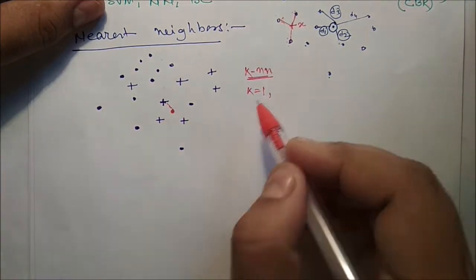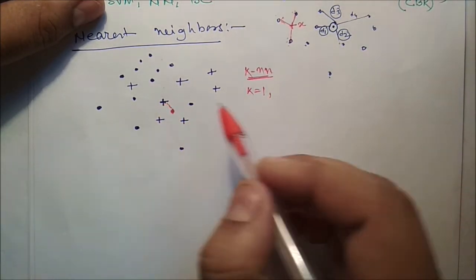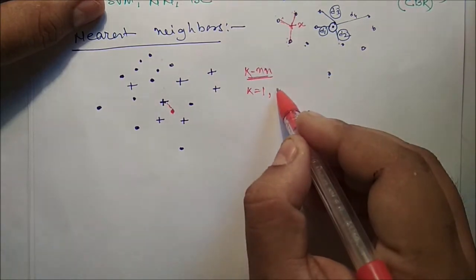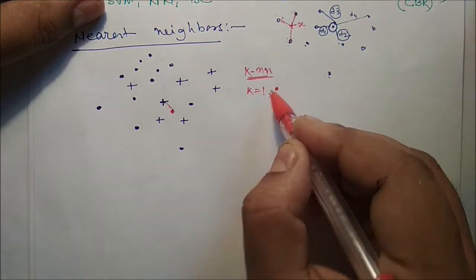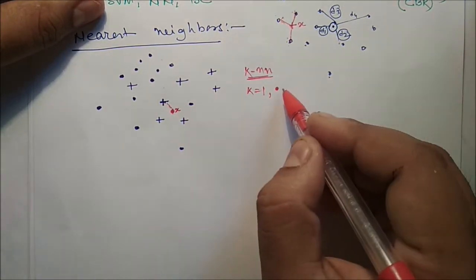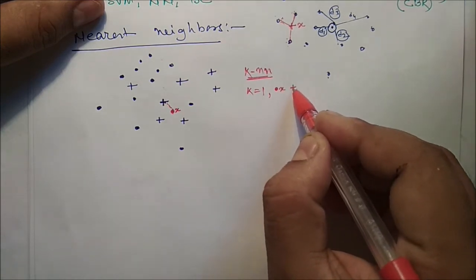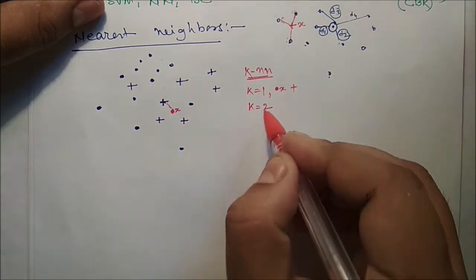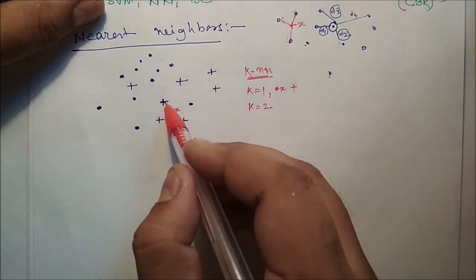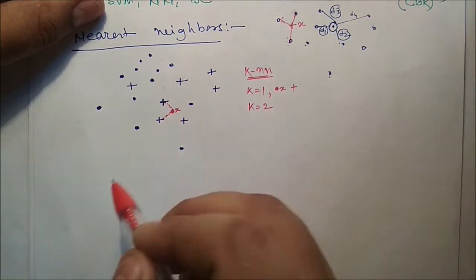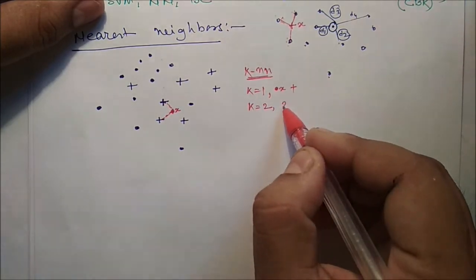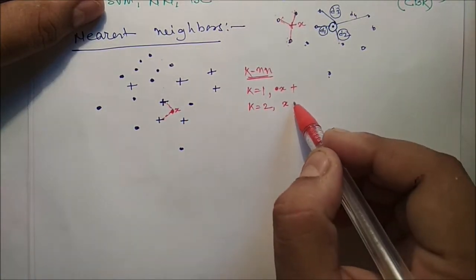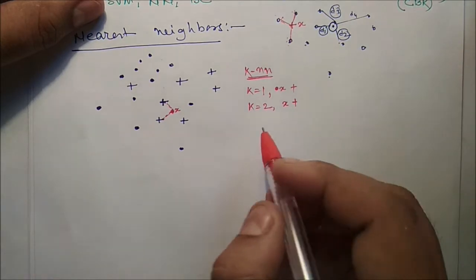So if k is equal to 1, the nearest level is this one, and the level of x will be plus. Now if k is equal to 2, that means two nearest data, let these two be the nearest. Definitely both are plus, so the level of x will be plus once again.